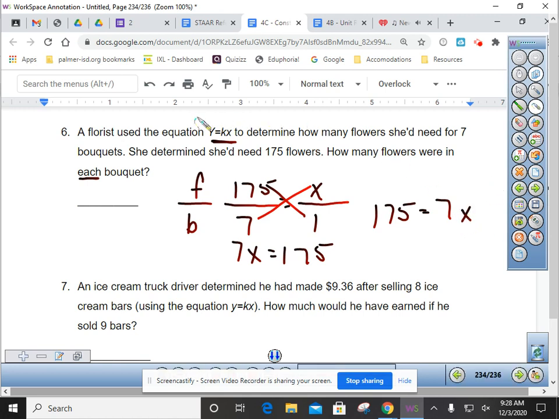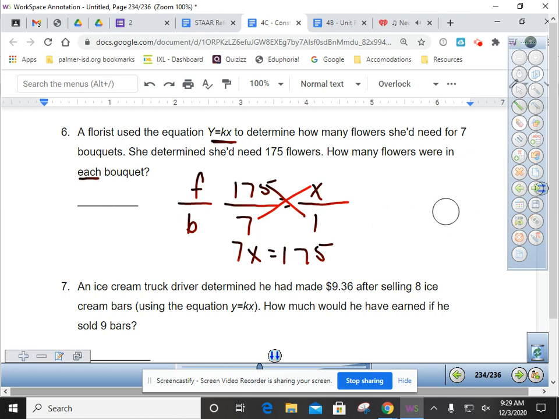The problem with using this formula is you don't know what's the y, what's the k, and what's the x. But you can see that this is how it fits in there. Are you with me? Okay, awesome.